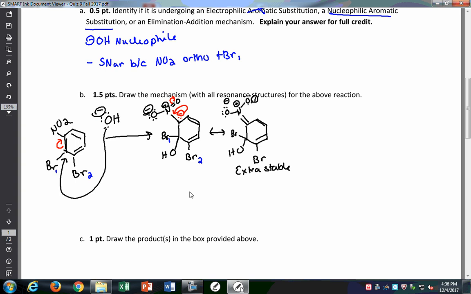But then we also have other resonance structures, of course, where the electrons can move around the ring. So pushing the electrons back into the ring, if we form the double bond here, that means that the lone pair pushes to that carbon.